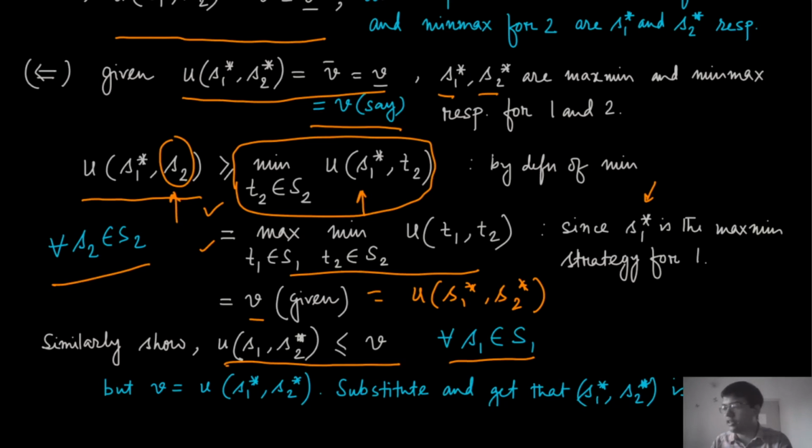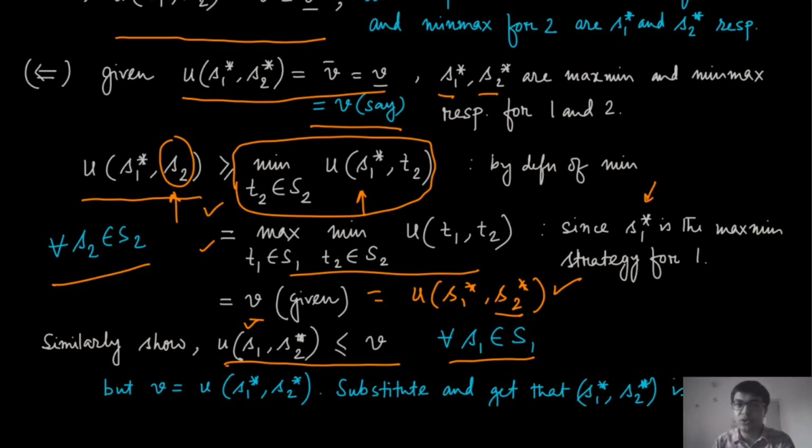Similarly here you have picked S1 to be arbitrary. So this is the definition of PSNE for player 1, and for player 2, because here player 2 is moving from strategy S2 star to S2, and this inequality is going to hold.